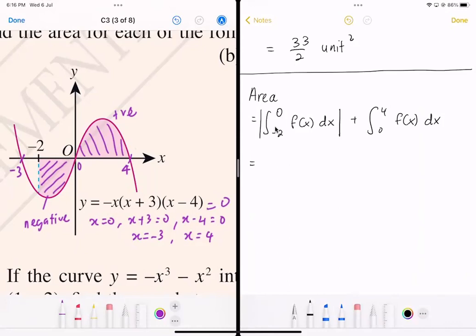So I give you the final answer, you all work it out: 212 over 3 units square. I think you have 2 minutes here. Expand the function first, then you can integrate. Okay, I'm going to stop the recording.